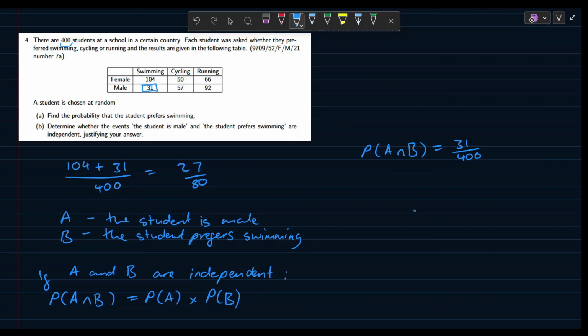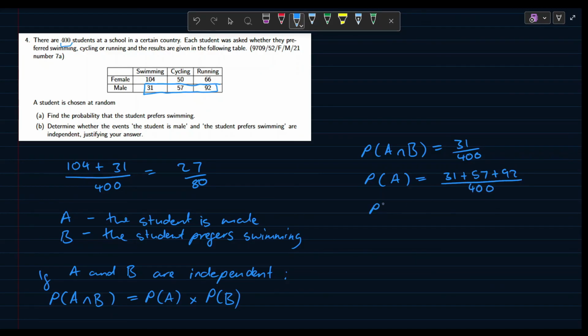Okay, and then let's go on to the probability of A. The probability of A, the student is male. Okay, so that's going to be the bottom row, the sum of this bottom row, which is the student is male. So that's 31 plus 57 plus 92 out of a total of 400 students.